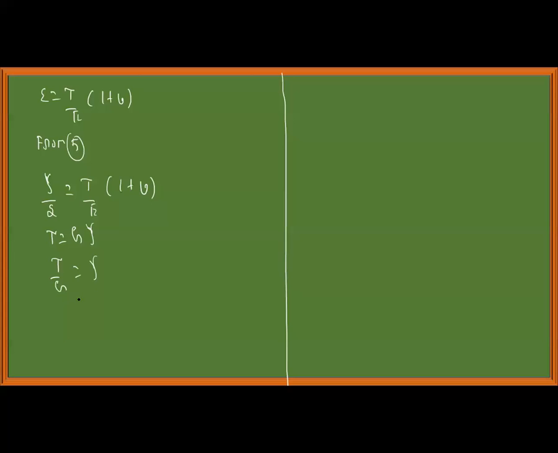If I substitute tau by G in place of gamma, tau by 2G is equal to tau by E into 1 plus mu, right? Now, if I cancel out tau, I will be left with E is equal to 2G into 1 plus mu.